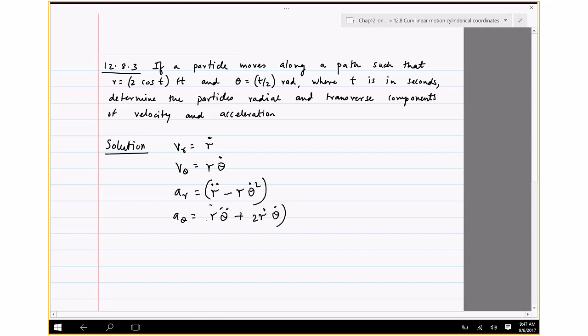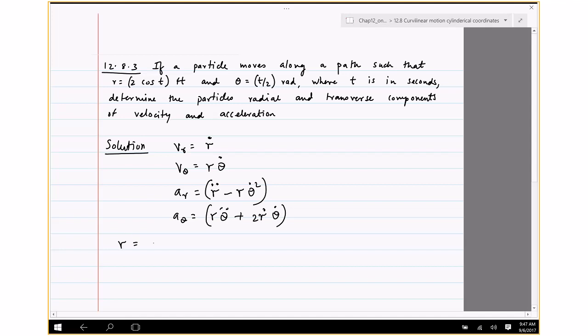Okay, so I need to find these four things: velocity, radial and transverse components, and acceleration, radial and transverse components. As long as I can find r, its derivative, theta and its derivative, I'm good. So let's solve for r and its derivative.